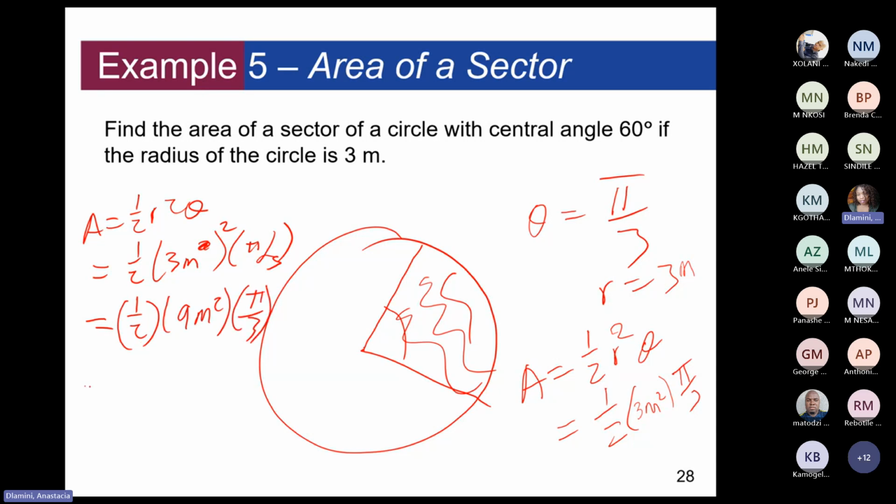Guys, you know the answer. This is 2. So this 3 cancels this 3. Then I'm left with 3/2 pi meters squared. Are we all together there?